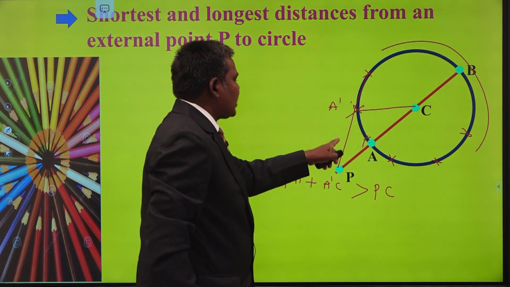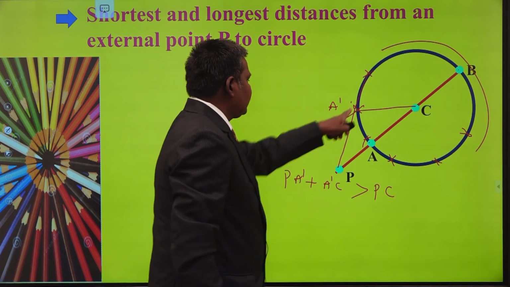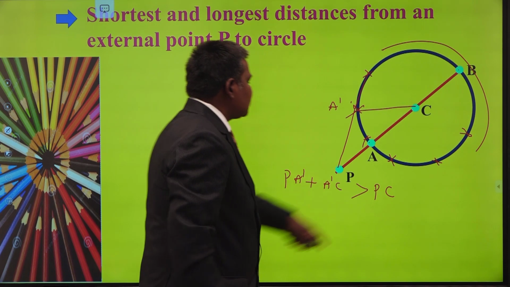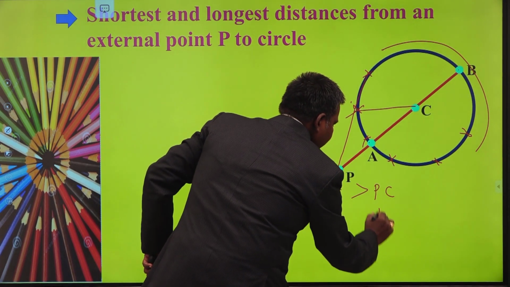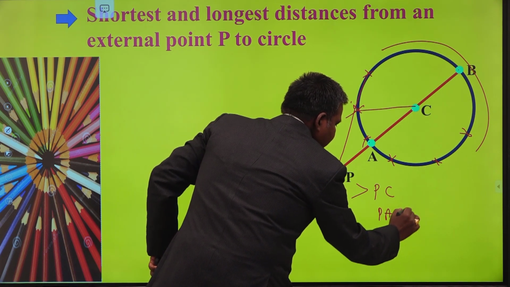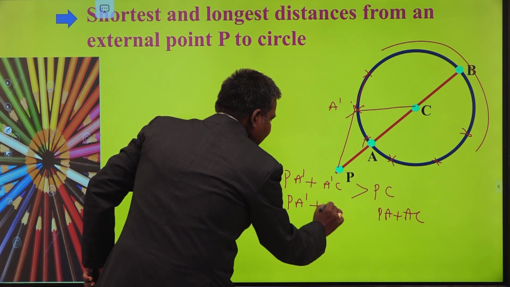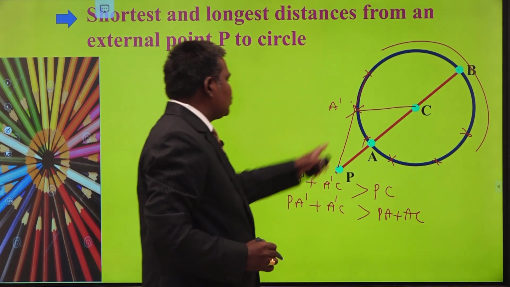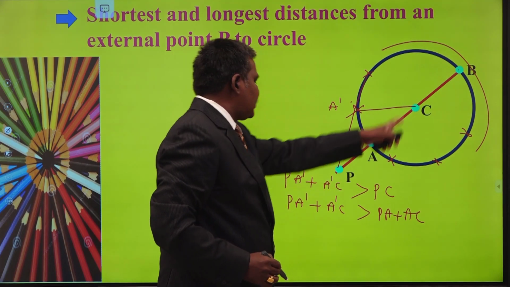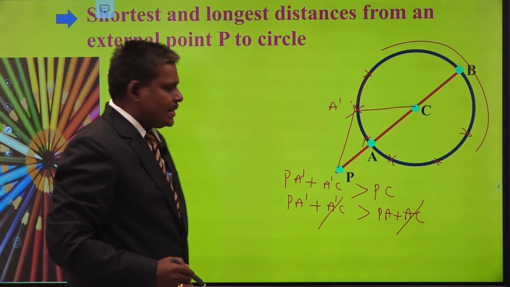The sum of any two sides is always greater than the third side. PA dash plus A dash C. What is PC? PC is nothing but PA plus AC. So PA dash plus A dash C is greater than PA plus AC. My question is, is A dash C equal to AC or not? A dash C is equal to AC, that's why they cancel out.